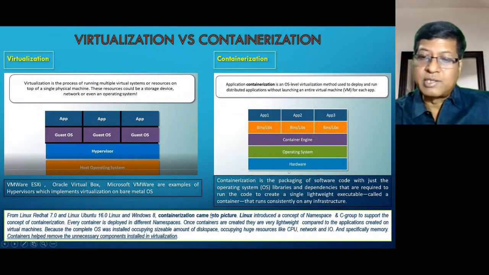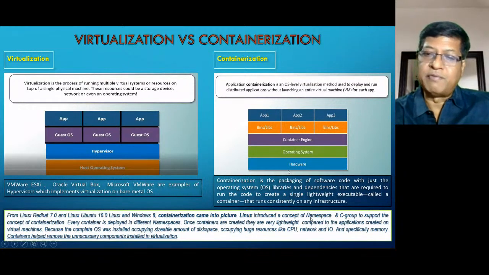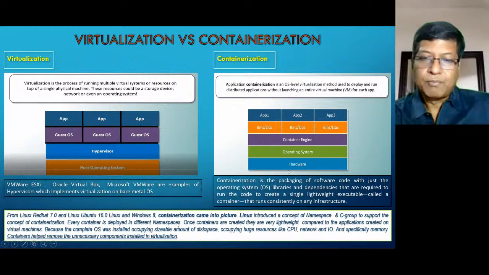Linux introduced the concept of namespace and C group, the previous slide, to support containerization. Without the availability of this concept, namespaces are very important because they manage the C group resources. Every container is deployed in different namespaces.